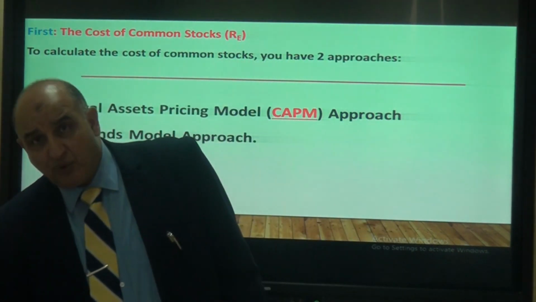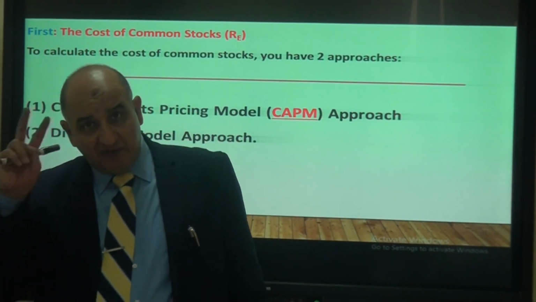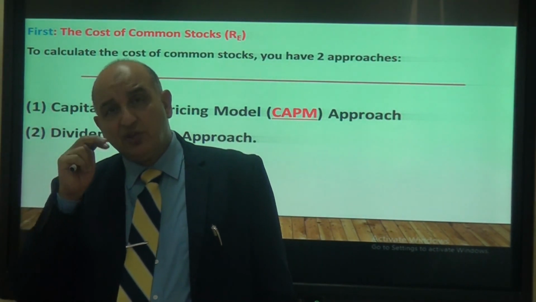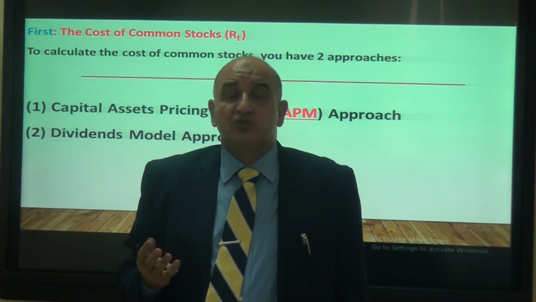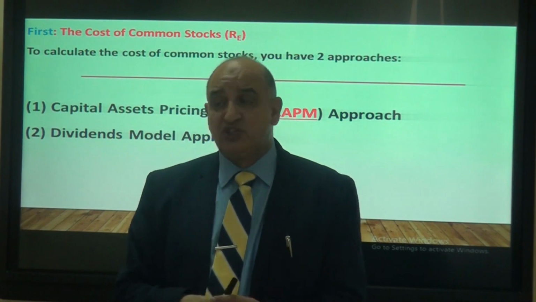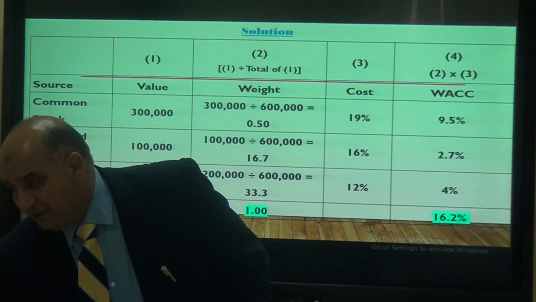And the other approach we call the dividends model. So we have two approaches we can use to calculate the cost of common stocks. Which one do we have to use? This depends on the information you have in the exam.